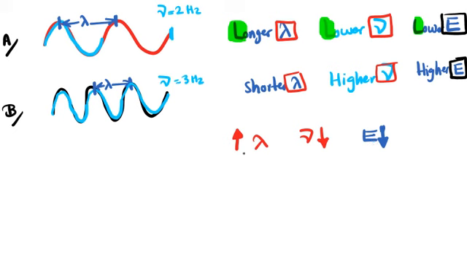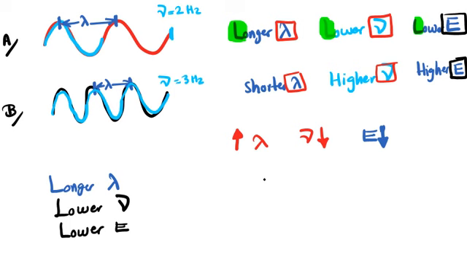So I'm going to summarize it here. Longer wavelength makes lower frequency, or you may say lower energy. Energy and frequency are directly proportional to each other.